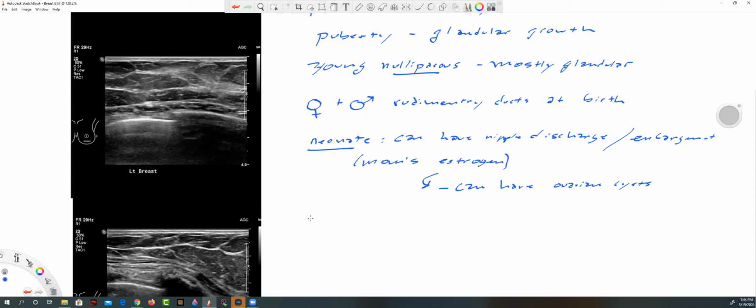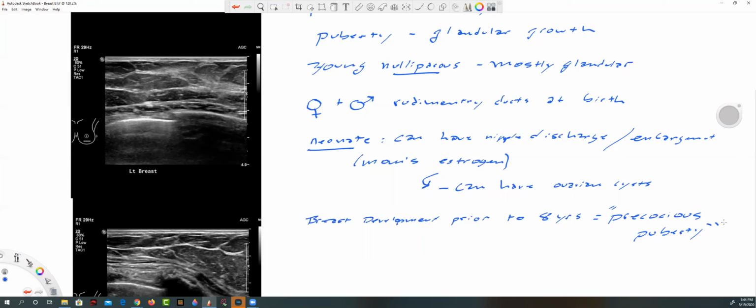And breast development. Prior to 8 years, I would think it should be older than that, but I think any kind of breast development prior to 8 years is precocious puberty.